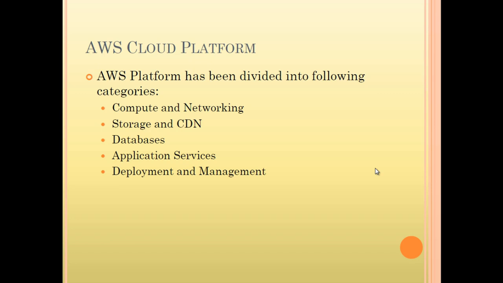Databases is also one of the services provided by AWS, followed by the application services. In these services, we talk about the notification services and the email services. And last but not the least, we have deployment and management. In deployment and management, we talk about how to deploy the application automatically and how to monitor your resources for the various threshold values that you set.